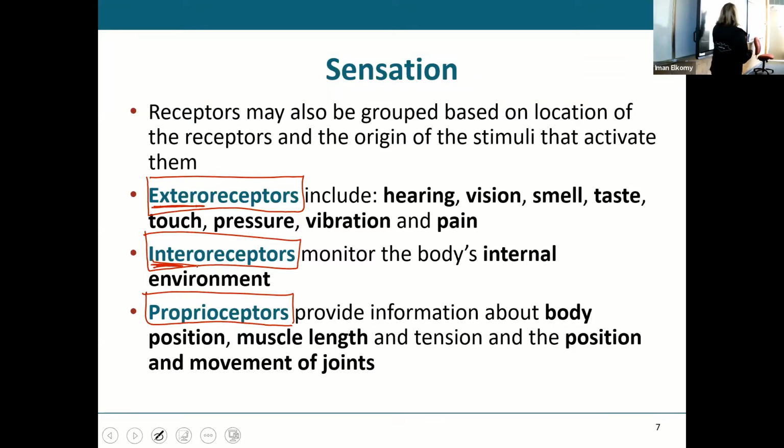Okay, so your exteroreceptors are your receptors outside, right? They bring in sensations that are coming from the outside world. Things like, what do I hear? What do I see? What do I smell? What do I taste? Who's touching me? Who's pushing me? Vibration and pain. Your interoreceptors are all on the inside of your body.